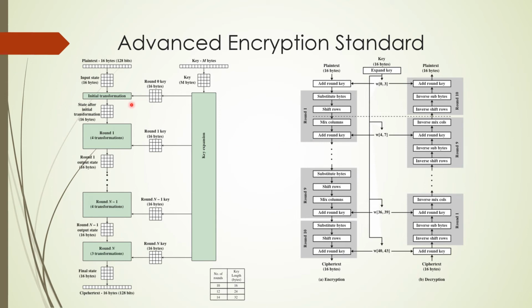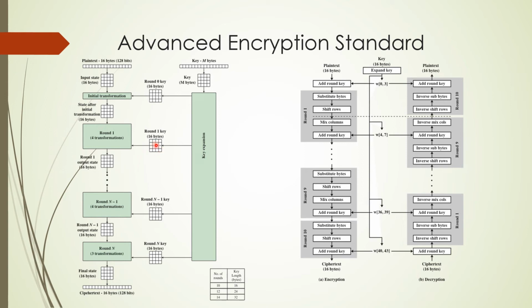That's why I said the 128 bits becomes a 4x4 array of bytes, and then the operations happen in each round on those 16 bytes. And just like DES, the input of each round is going to be the output of the previous round, and the output of each round is the input of the next round. So that's how things are in AES.